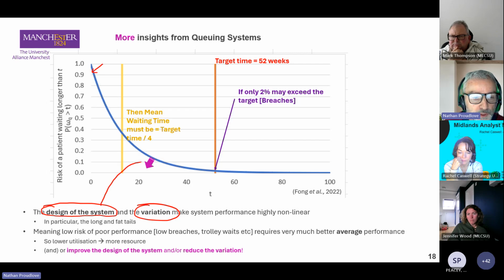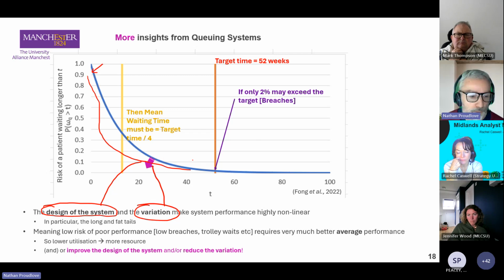What does that do to where this trade-off is? By changing the design, the variation, you can shift the curve, you can shift the trade-off. So for the same resources, you get better performance. So those sorts of considerations are really important, and these models can quickly show you just the size of the impact there.